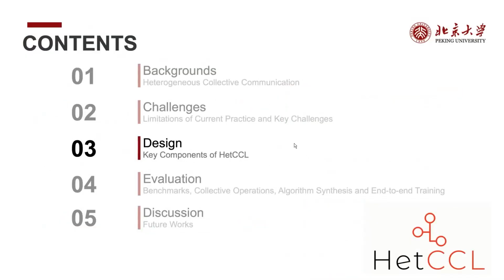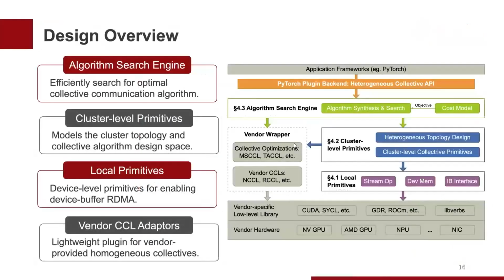Next, let's look at our concrete design. Here is the architecture of our proposed framework. At the last layer, we have the vendor CCL adapters, which are lightweight plugins for vendor-provided homogeneous collectives.